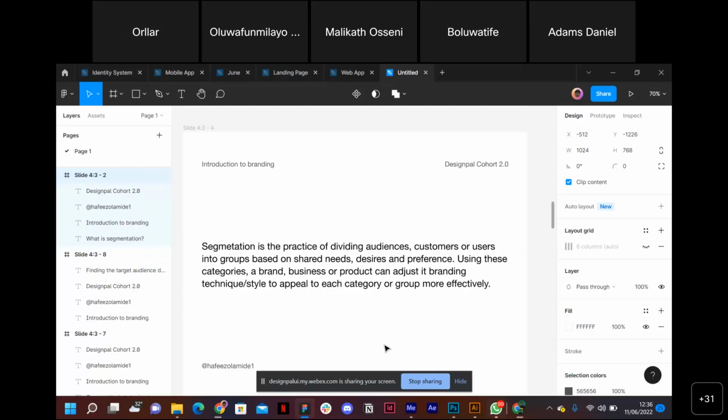So in that segmentation part of your design, you are asking what kind of design style am I going to push out to these people that will make them interact with my brand or my product, love it, and keep using it consistently.